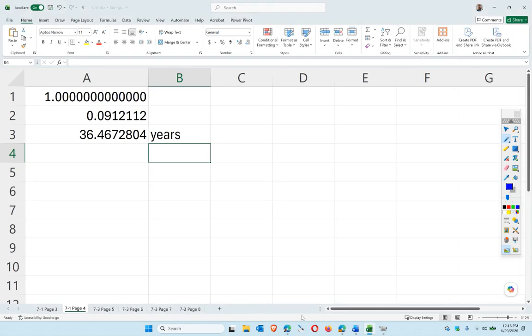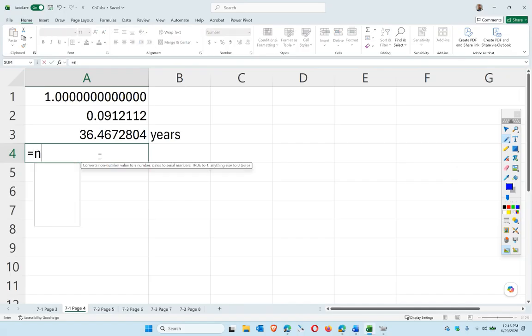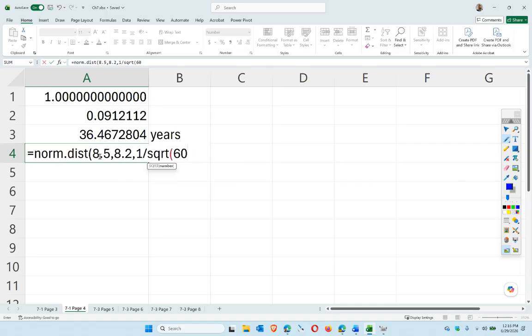Okay. So let's go to, we're still on page 4 here, right? So let's do NORM.DIST. So 8.5 comma 8.2 comma 1 divided by the square root of 60, comma true, minus.